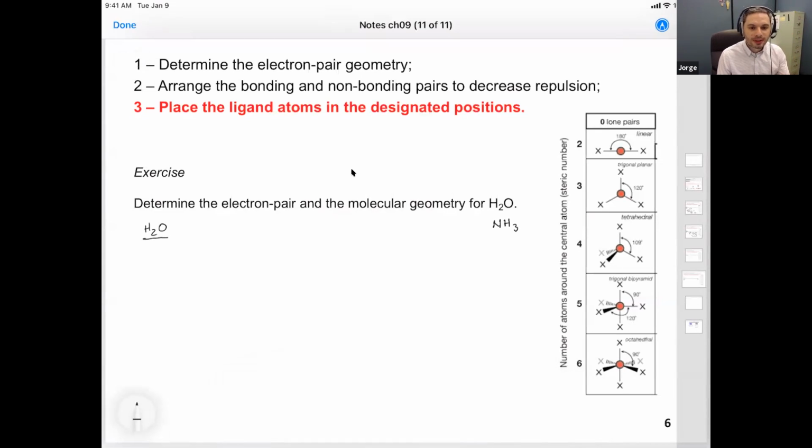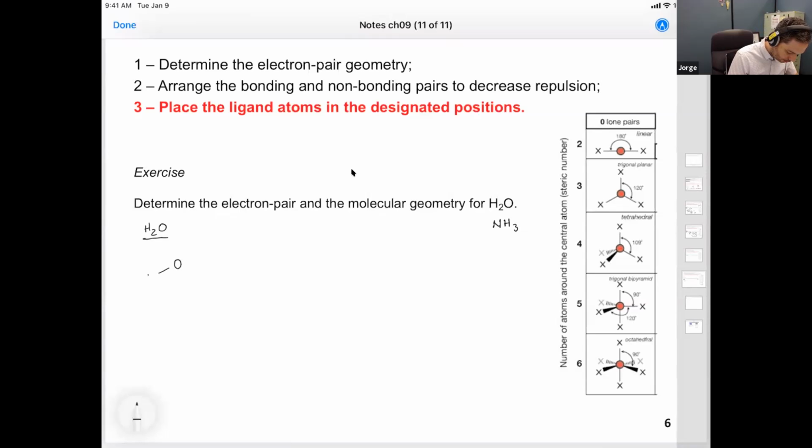Always the first step in determining the molecular geometry is to draw the correct Lewis structure. So I'm going to pass through that slightly fast.